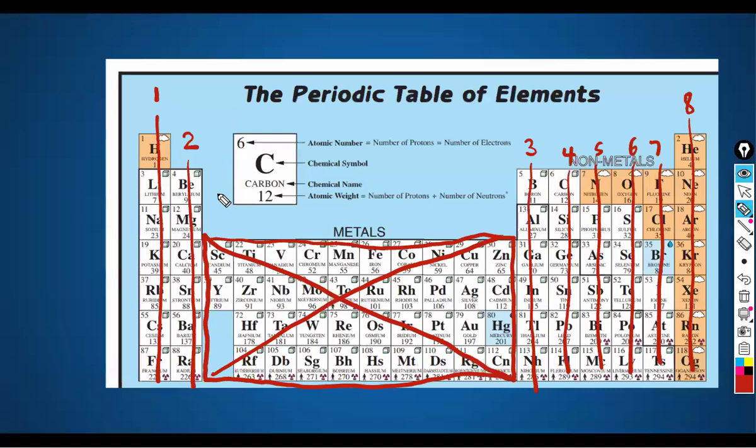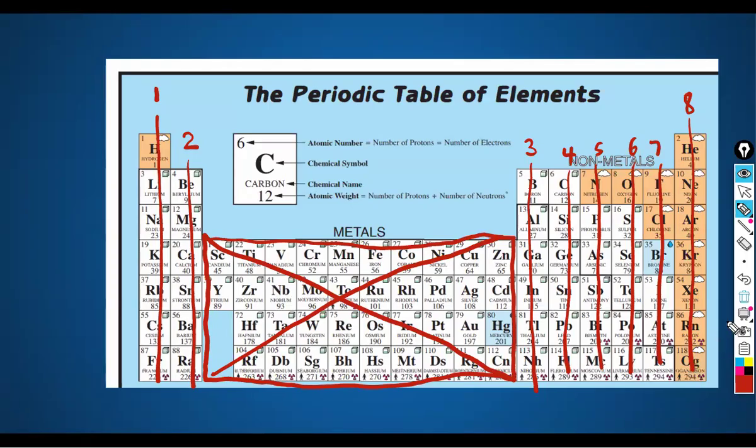And it's broken up into rows, better known as periods, and columns, better known as groups. And you'll be hearing me repeat this over and over and over to the point where it's going to become so annoying, you're going to remember it for the rest of your life.